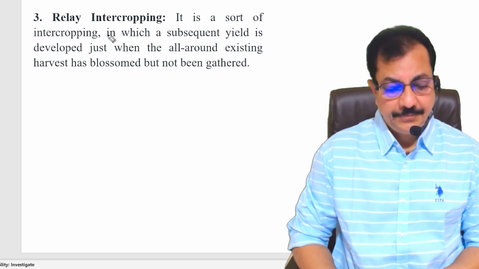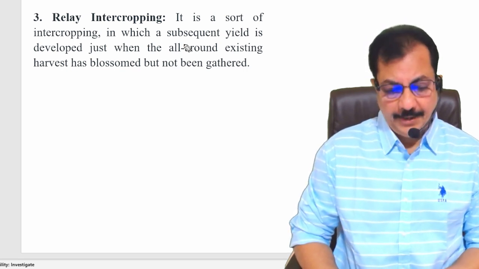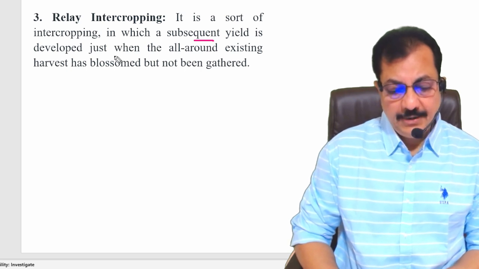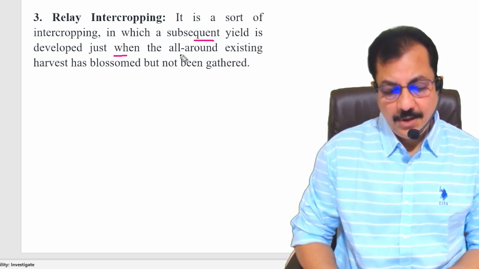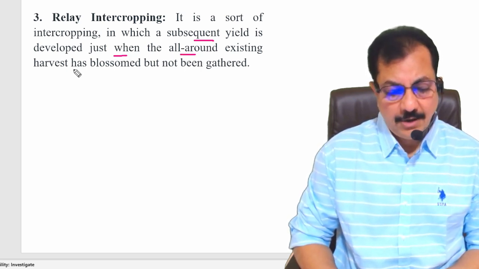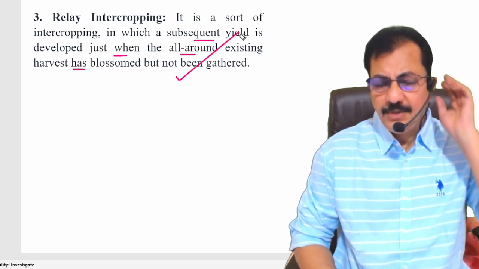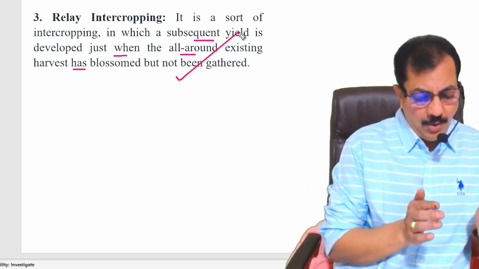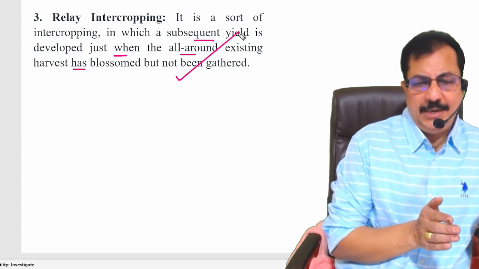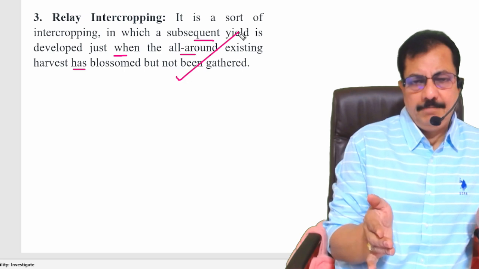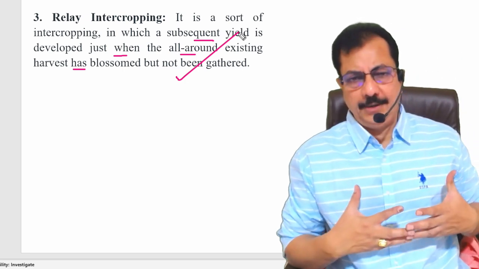What is this? It is a sort of intercropping in which a subsequent crop is grown just when the existing crop has blossomed but not been harvested. Meaning is simple here. You have a crop, you are cultivating something, but you have not harvested. Clear? You have not gathered the crop here.